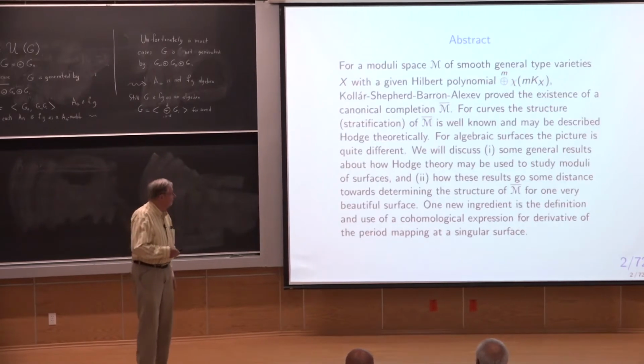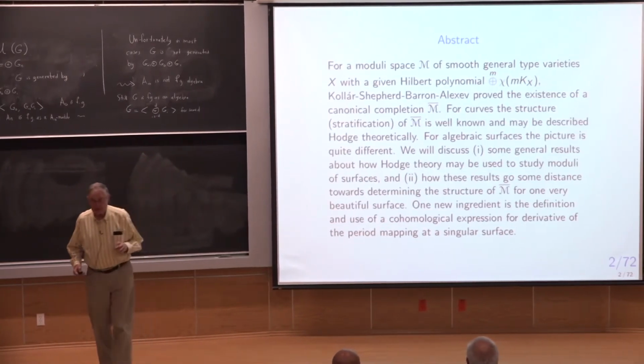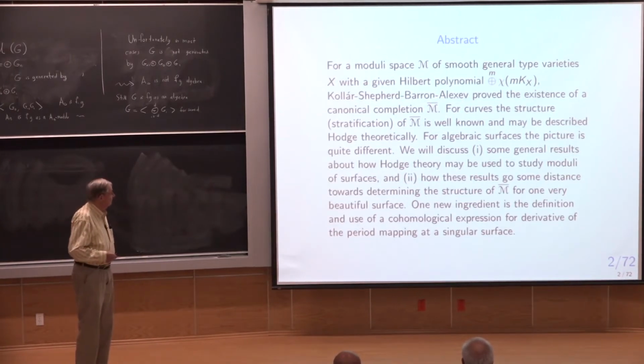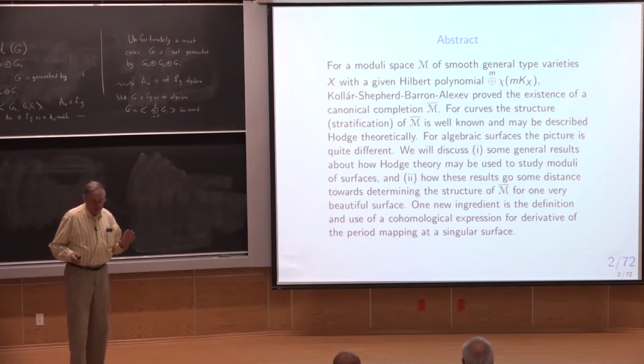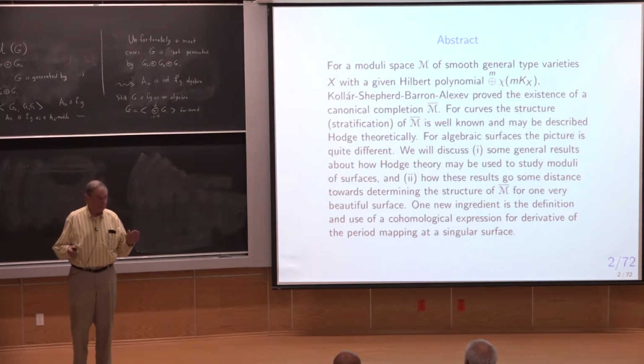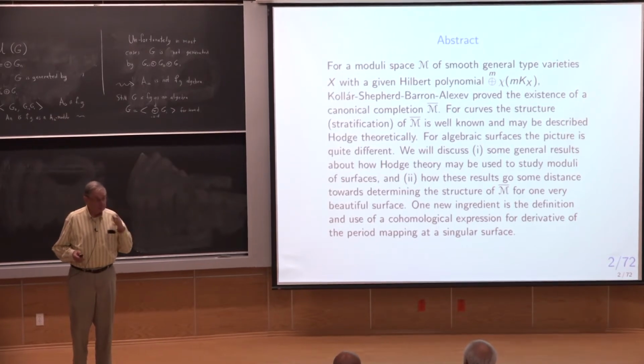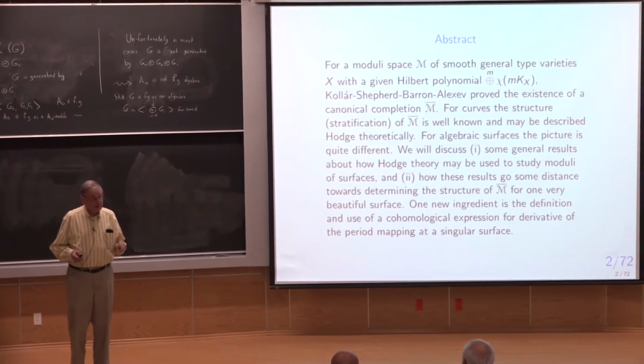It's dealing with a question in algebraic geometry, specifically with moduli. The moduli space for algebraic varieties of general type was shown to exist some years ago by Kollár, Shepherd-Barron, and Alexeev.